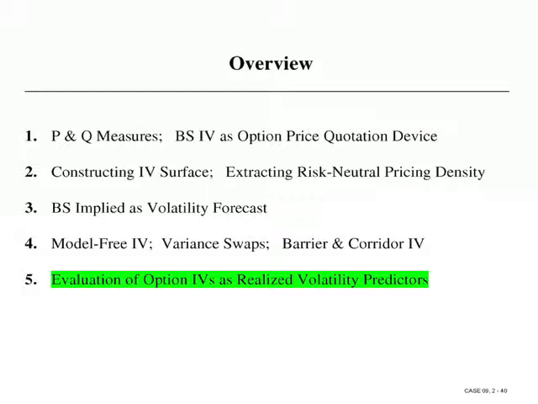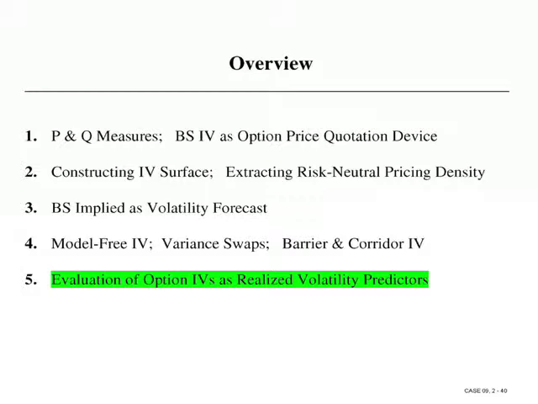Okay, I have 15 minutes to talk a little bit about option implied variance measures as forecasters of volatility, in particular realized variance or realized volatility that's going to take place in the future. As Tim, I think, convincingly argued, of course I think so, we should use as a benchmark the realized volatility over the next month to see if these volatility measures are any good. Okay?